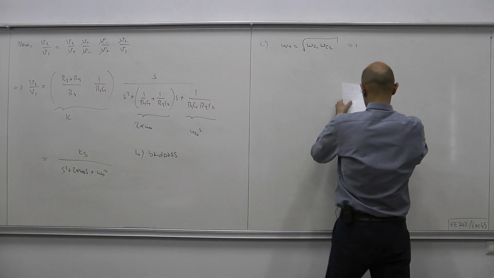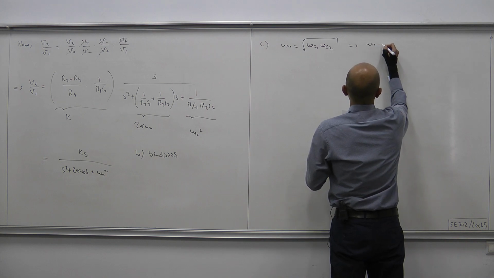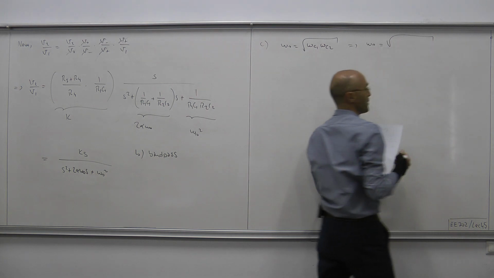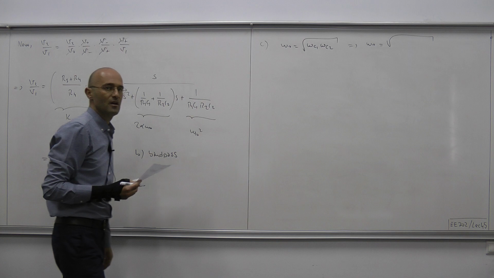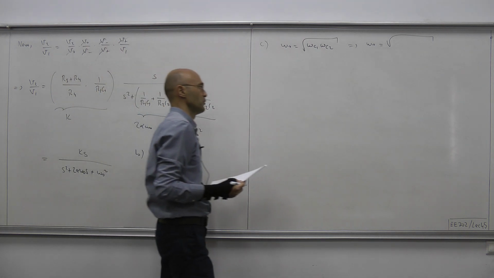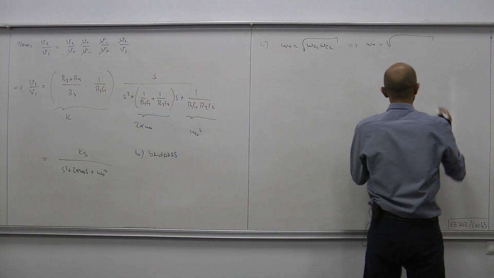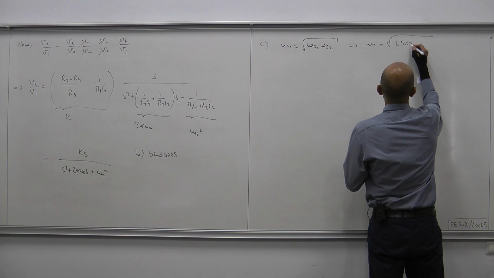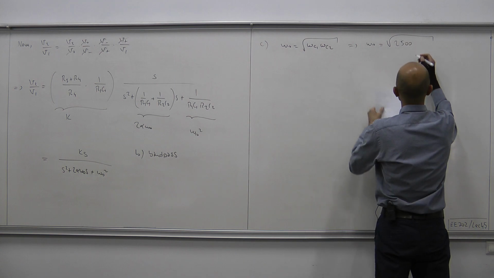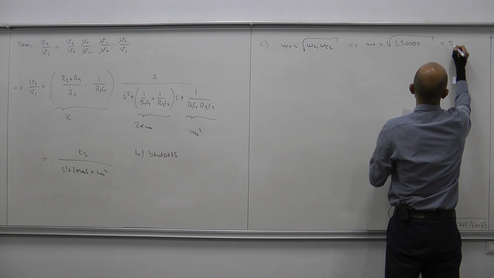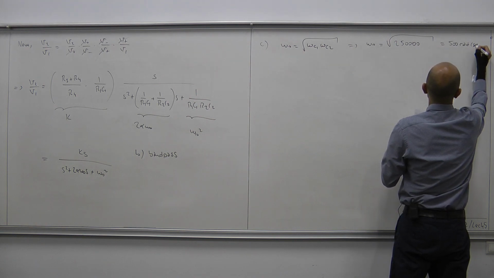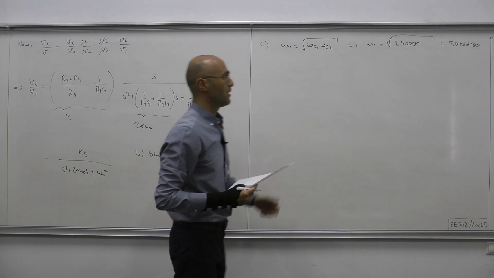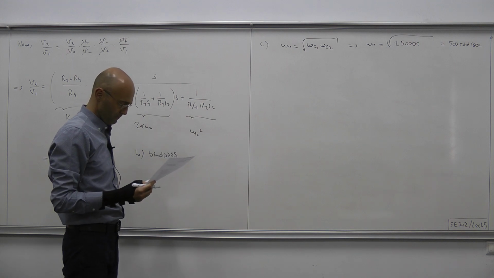That means omega 0 equals the square root of 100 times 2500. That produces 500 radians per second. Okay, so that's our center frequency.